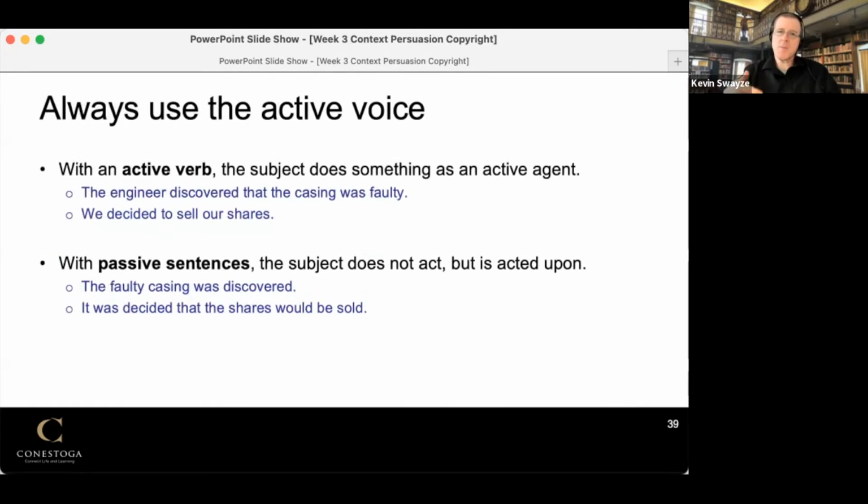Always talk about something happening to something. Don't talk about how this had this happen to it. Usually if you're talking in an active way, the sentences are shorter, because think about something happening, not that something has happened. So active: we decided to sell our shares.